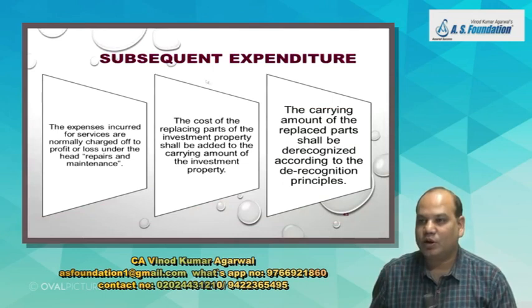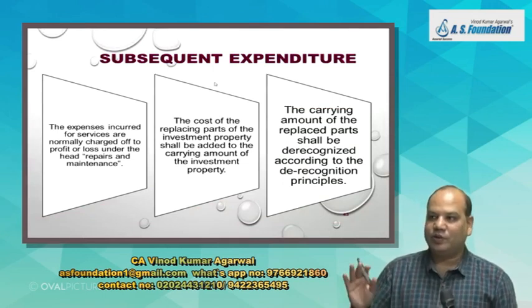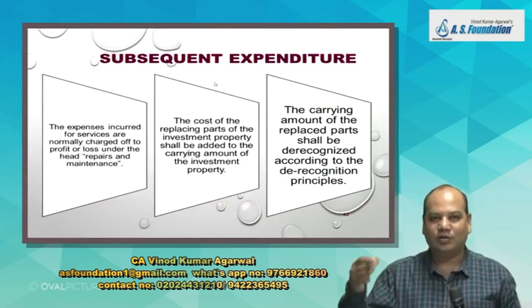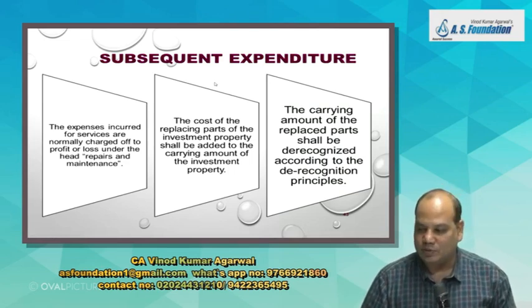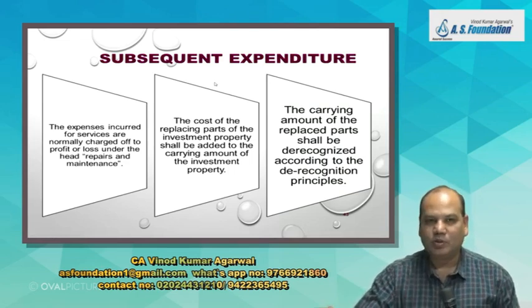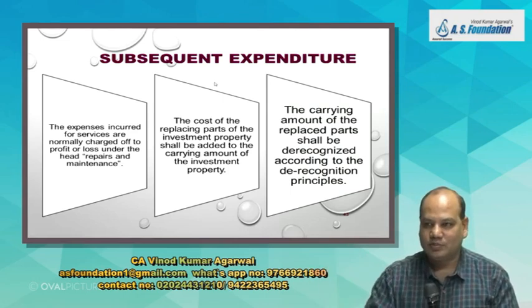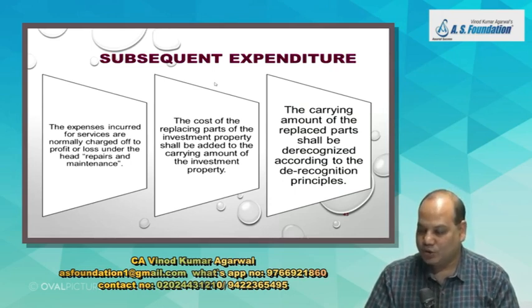Now, subsequent expenditure. We have purchased, acquired or constructed the investment property. Maybe after some years, we may have to incur some repairs, maintenance, replacement, painting it again. What about those subsequent expenditures?